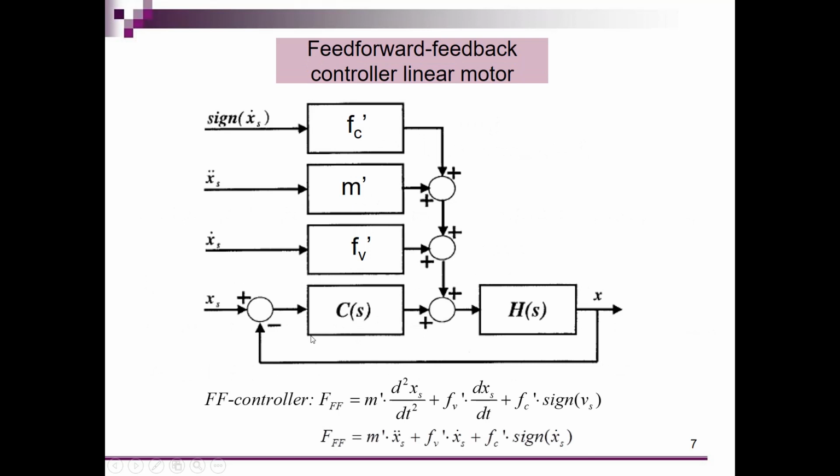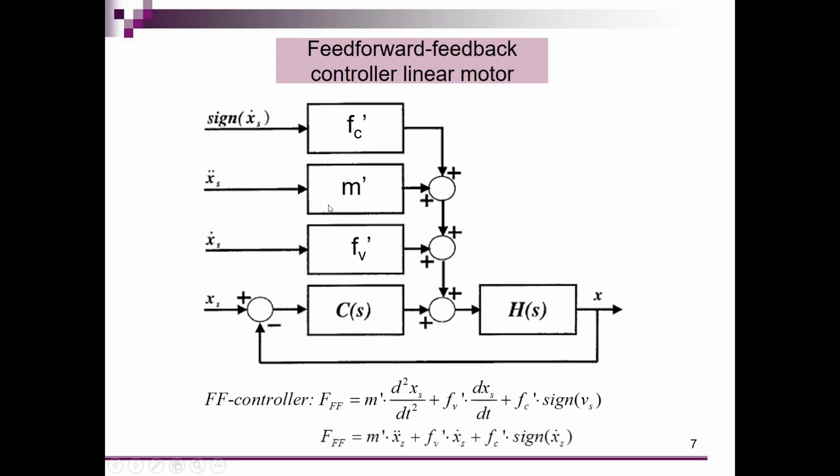Well, let's implement it now in a block diagram over here so we can implement it in software. So here we have our estimated friction, my estimated mass, and my estimated damping over here. What we are going to do is we put to the input the appropriate signals which we defined in the differential equation of my feed-forward controller. So the input of the control of my Coulomb friction is the sign of my speed set point.